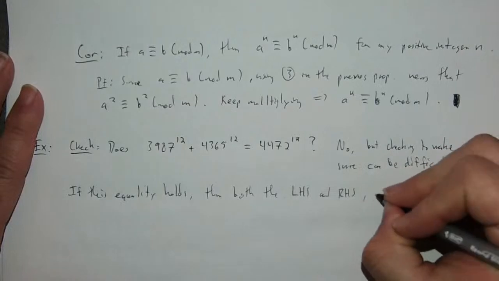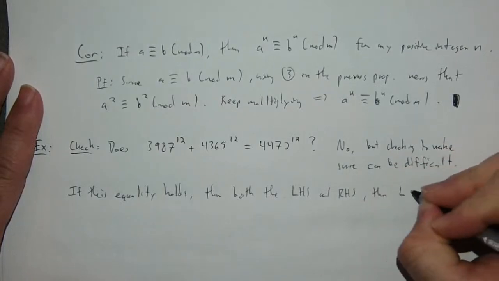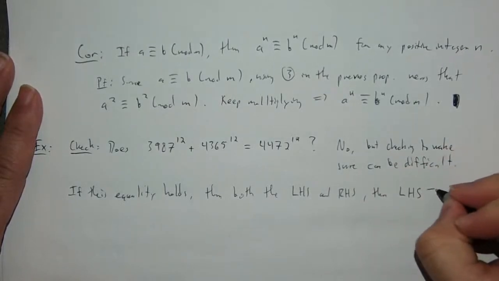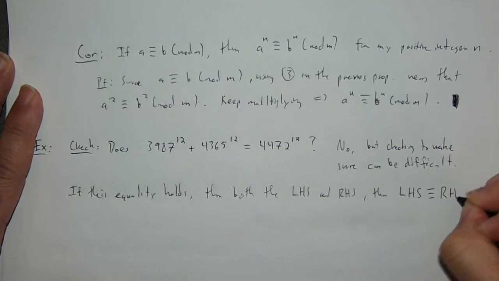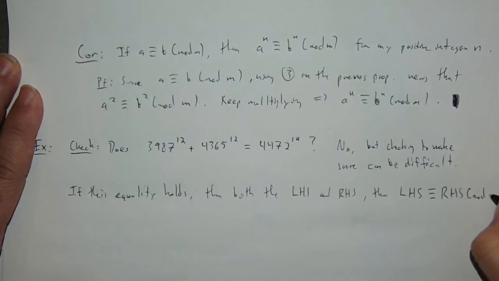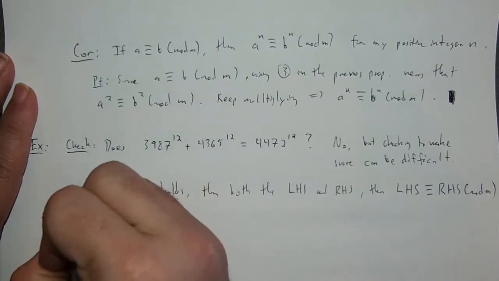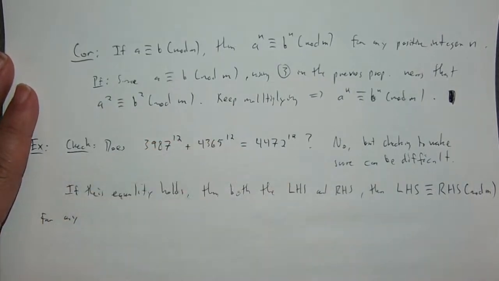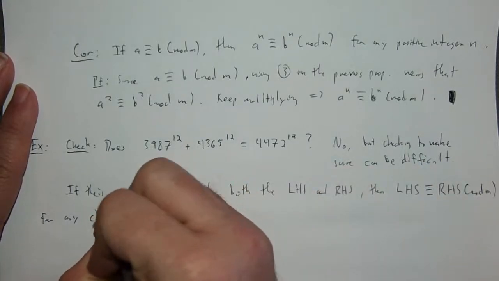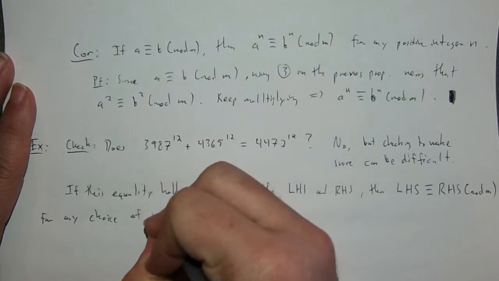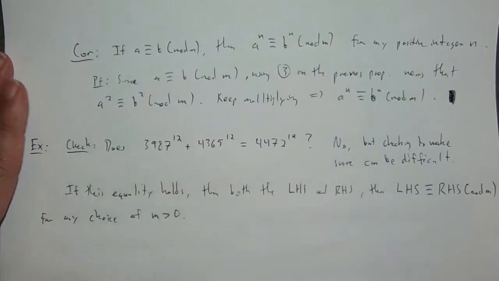Right? Then left-hand side is congruent to right-hand side mod m for any choice of m here, right? For any choice of m that's positive.